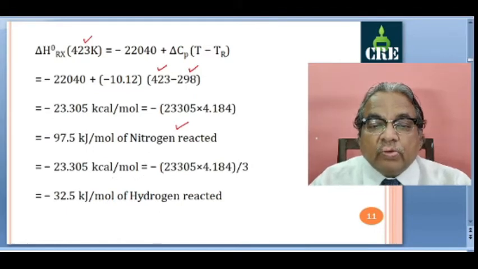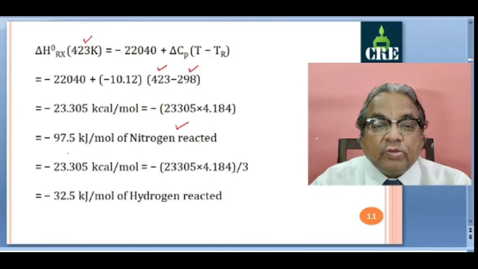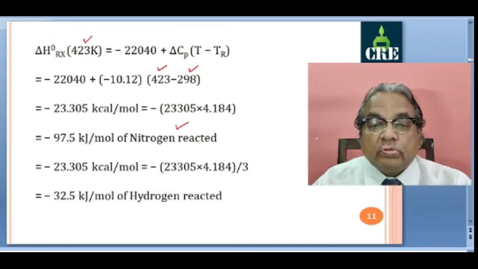And per mole of hydrogen reacted, that will be this divided by 3, the stoichiometric coefficient. So it comes out to be 97.5 divided by 3, that is 32.5 kilojoule per mole of hydrogen reacted.